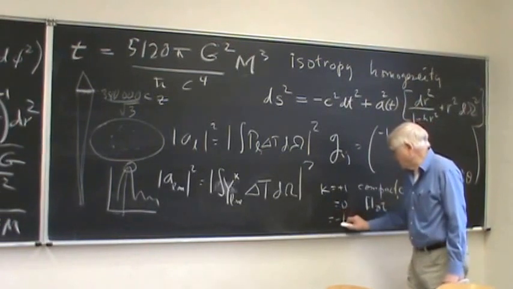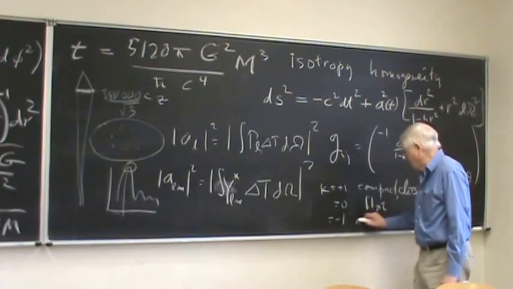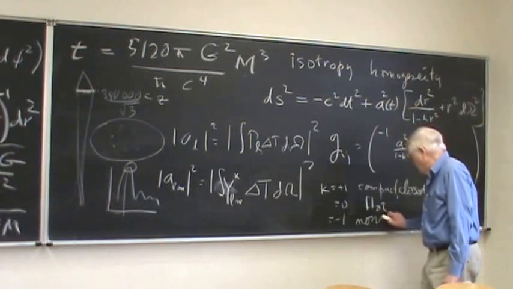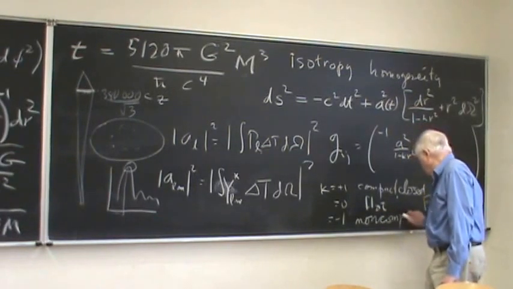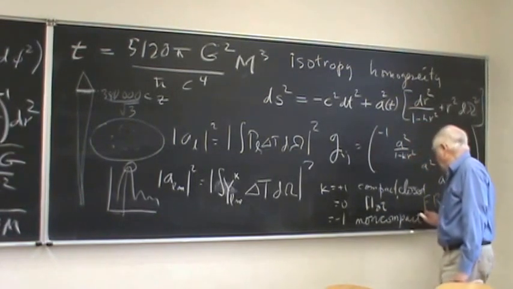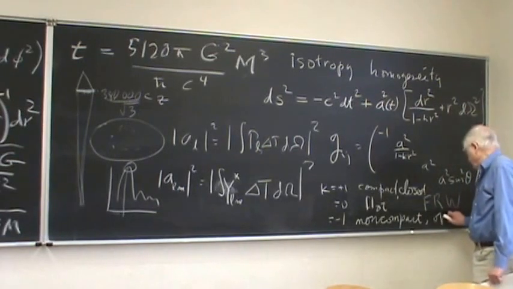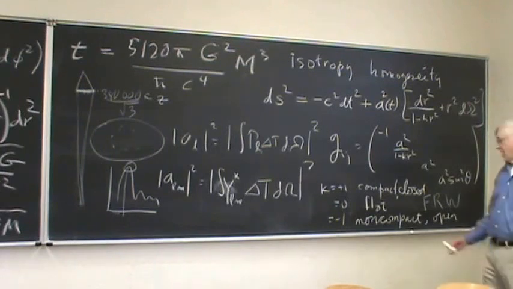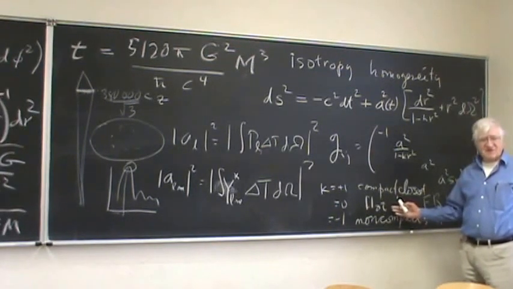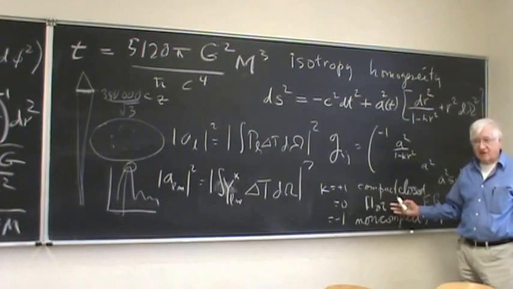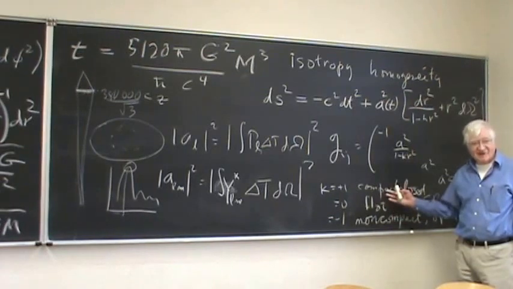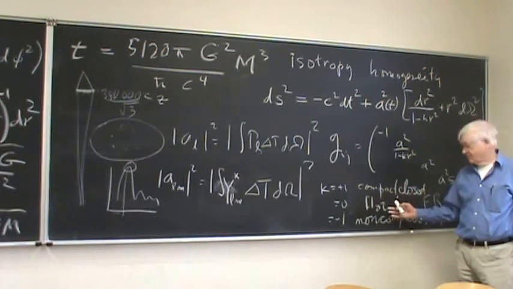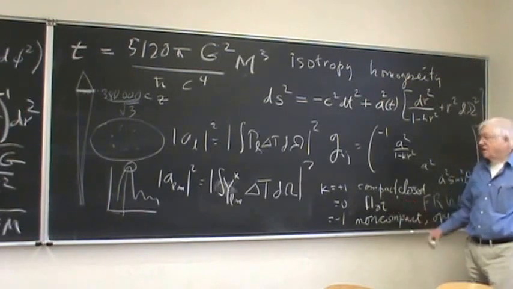And K equals minus 1 is non-compact, and open. And what we know is that all observations suggest, as far as I know, that the universe is flat, and we don't know whether it's slightly open or slightly closed, but it's certainly mostly flat.